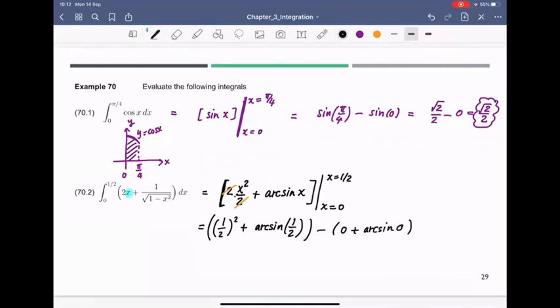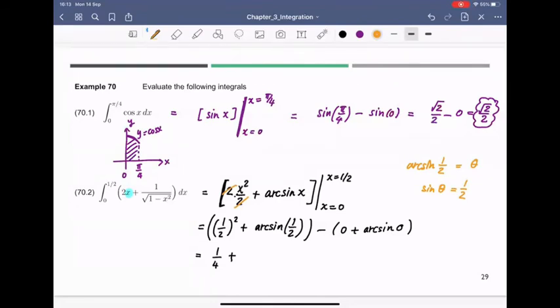All right, let's compute this thing. So that thing is 1/4. What is arc sine 1/2? For those of you who are not expert in trigonometry, arc sine 1/2 means you need the angle theta such that sine theta gives back 1/2. Of course, there are so many angles that you take sine of and come back to 1/2.